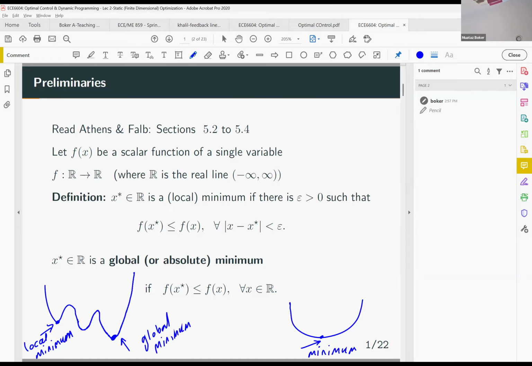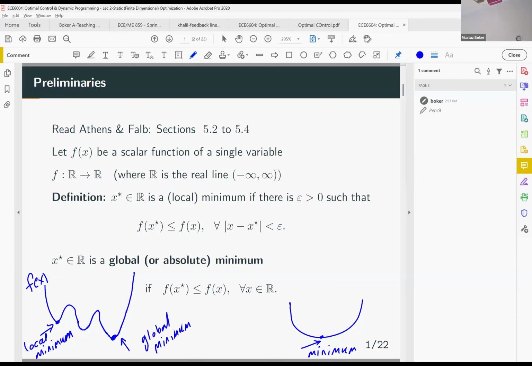Okay. So you can see that if there is no other point that is less, so the curve here is f of x. And this is a local minimum as long as x is near x star. This point is x star.